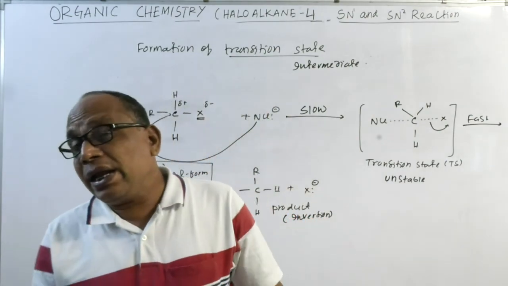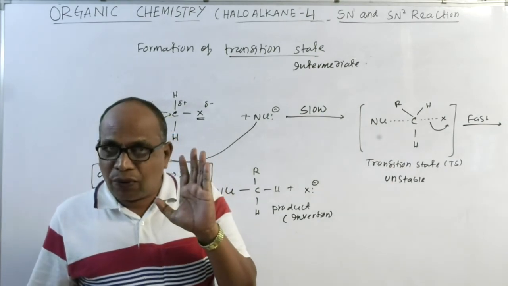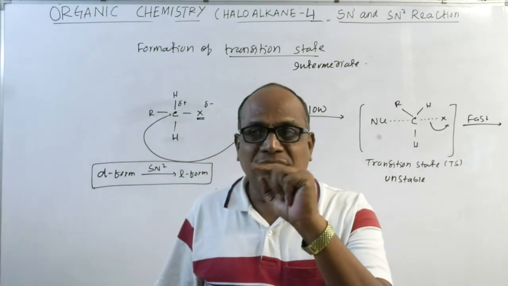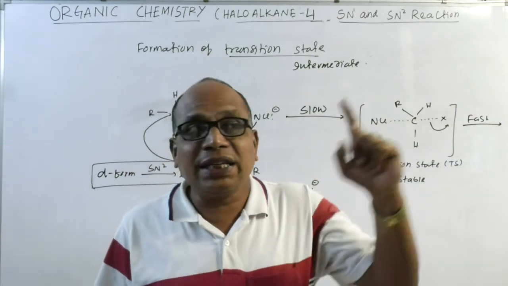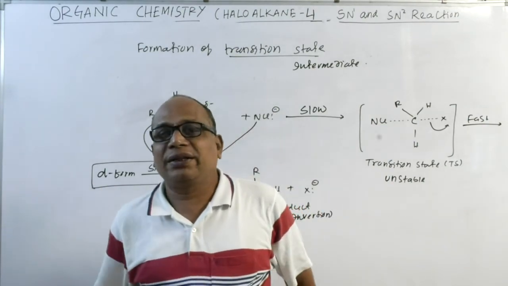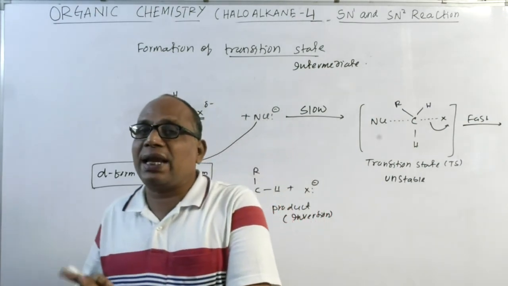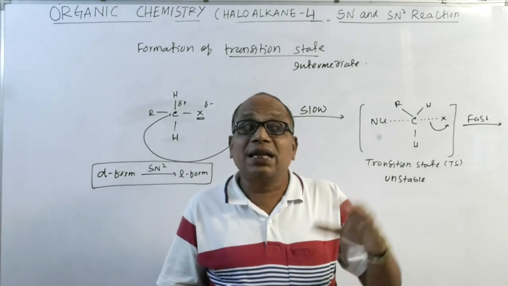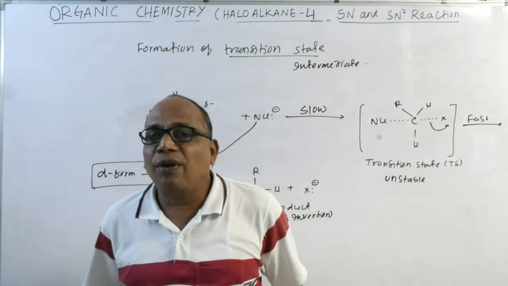Okay, and in optical isomerism, the SN1 reaction always gives a racemic mixture, that is a mixture of D form and L form. Meaning if you start with an active alkyl halide, the product is racemic. On the other hand, SN2 reaction always gives an inversion product. Meaning if the alkyl halide is D form, the product is L form.